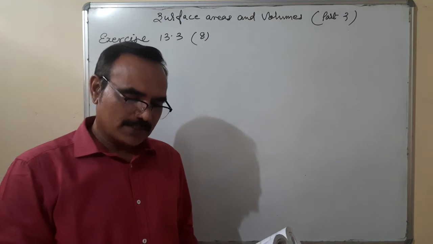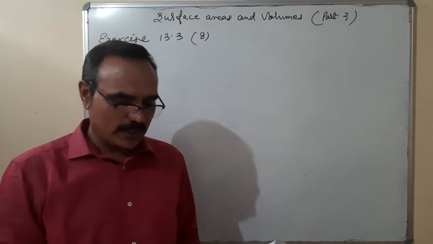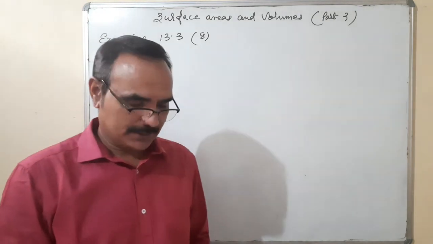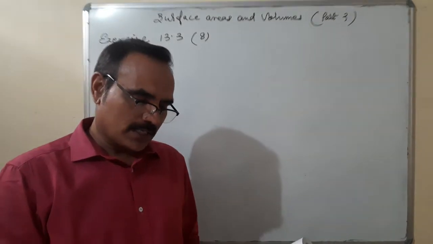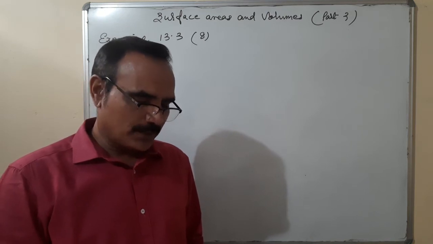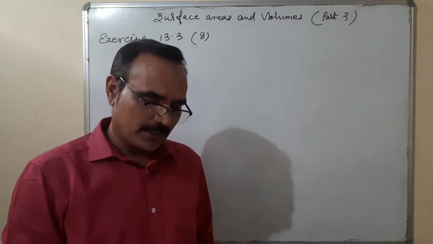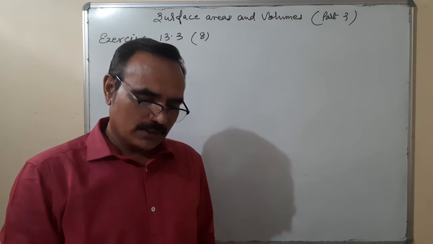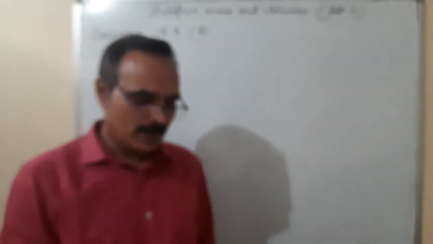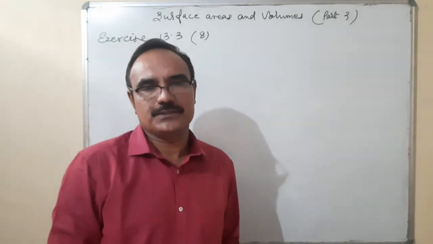Each cone has a base diameter of 40 centimeter and height 1 meter. If the outer side of each of the cones is to be painted and the cost of painting is rupees 12 per meter square, what will be the cost of painting all these cones? Use pi is equal to 3.14 and take under root 1.04 is equal to 1.02.